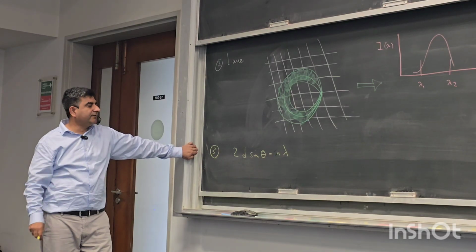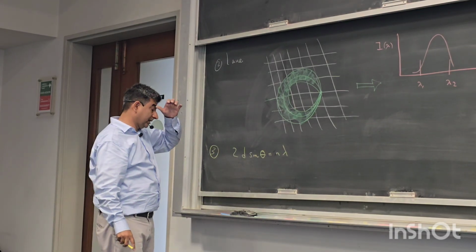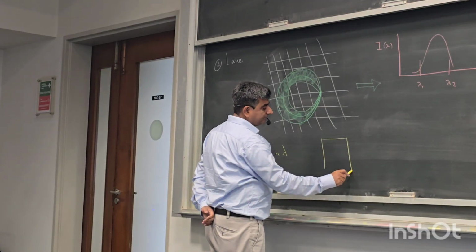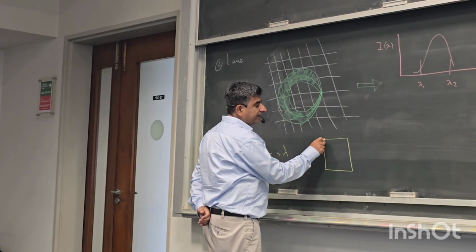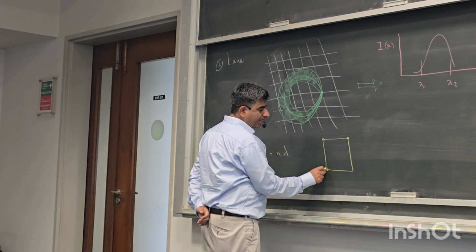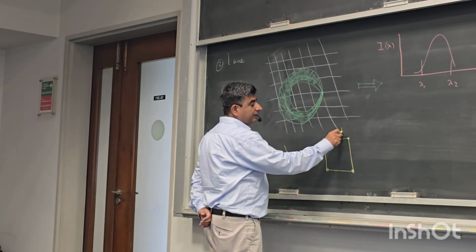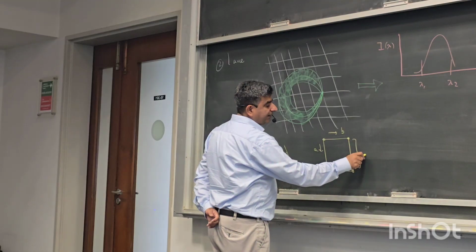Now suppose I draw the direct lattice, and it's cubic. Suppose this length is A.